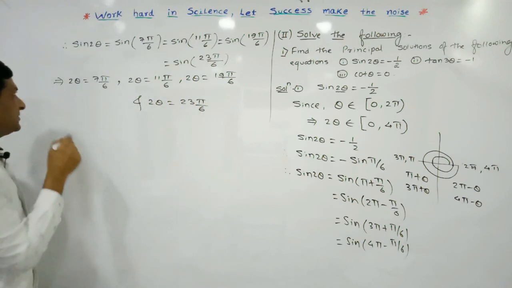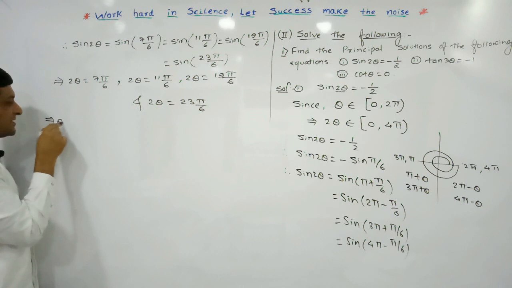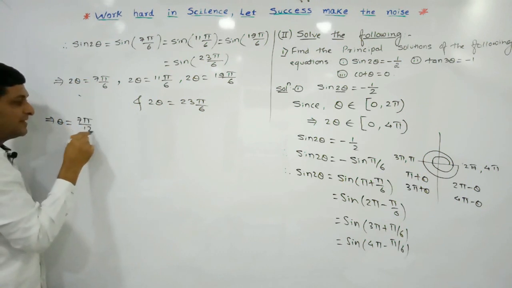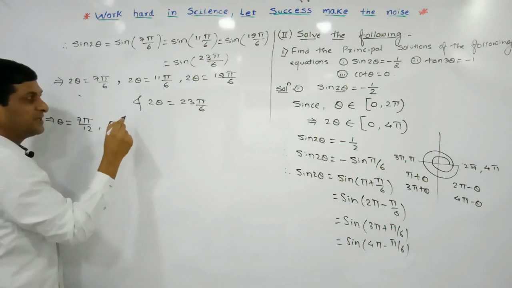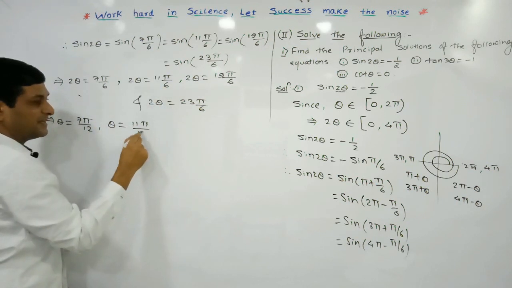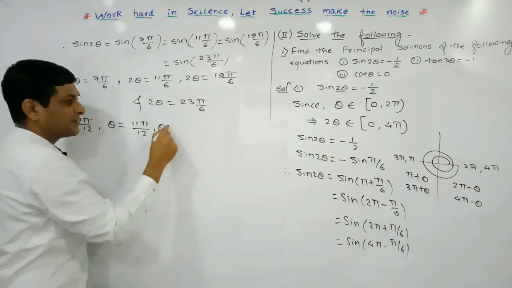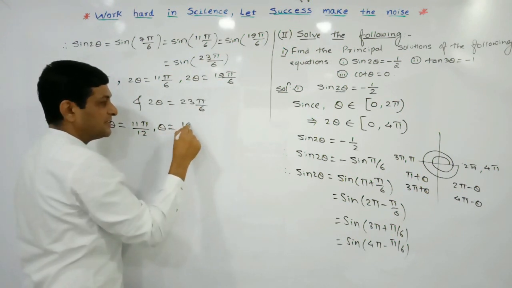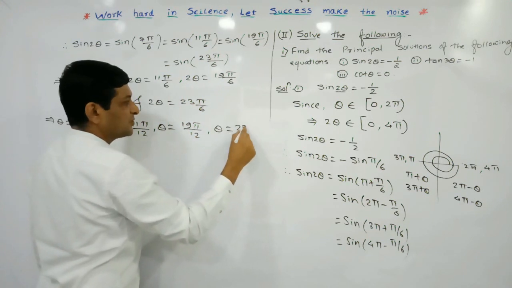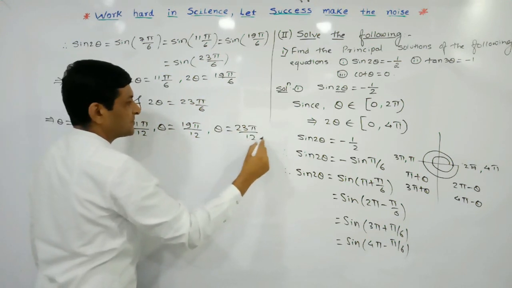So now this implies that theta is equal to, take 2 on this side, it will become 7 pi by 12. Here the value of theta will be 11 pi, take 2 on this side, it will get divided, 11 pi by 12. So here theta will be equal to what? 19 pi by 12. And lastly theta is equal to 23 pi by 12.